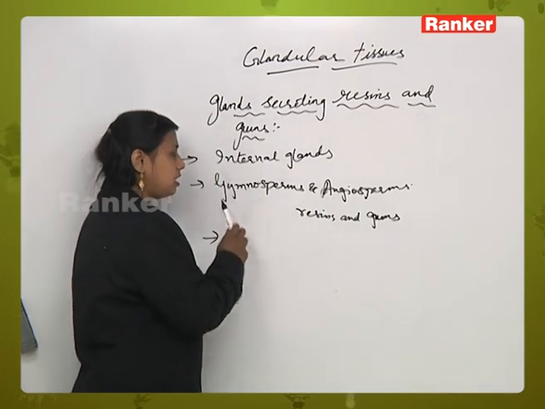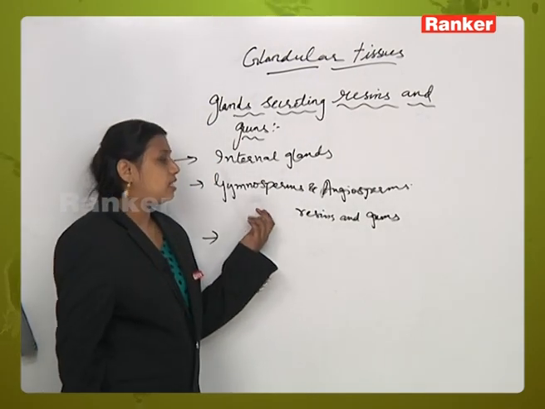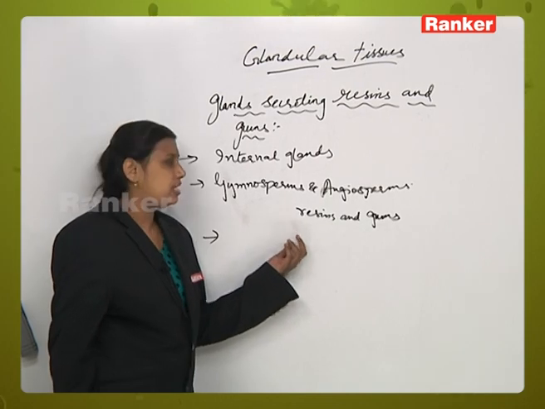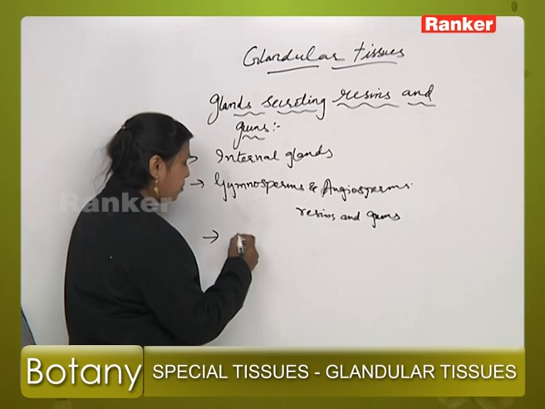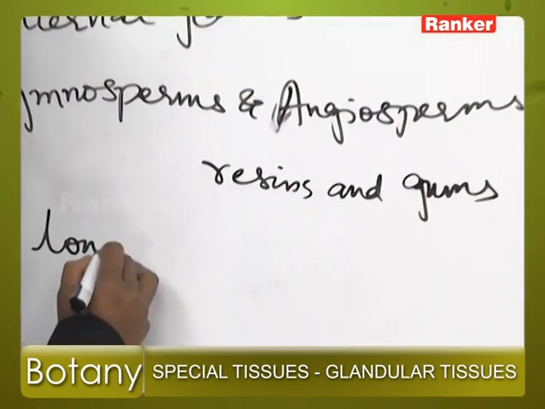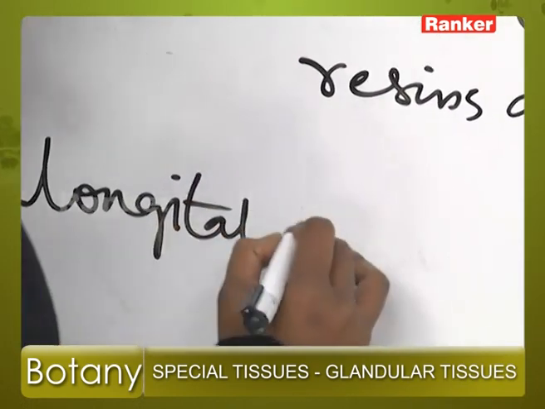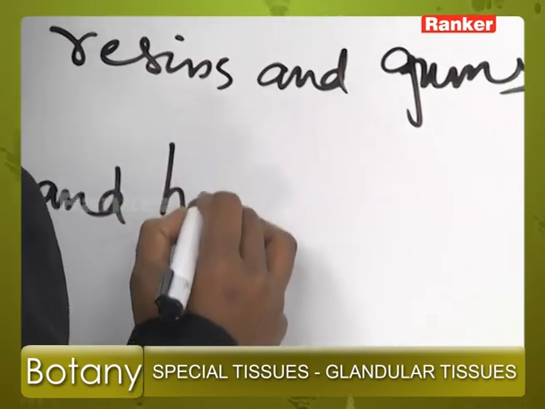These glands are useful for the secretion of resins and gums and also for conducting them. In gymnosperms, these glands are present in both longitudinal and horizontal systems.